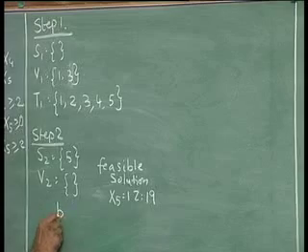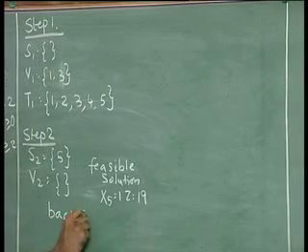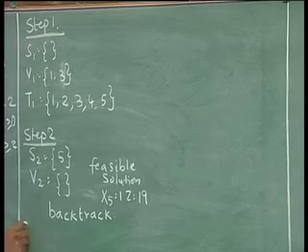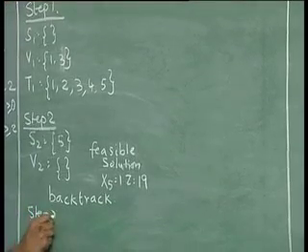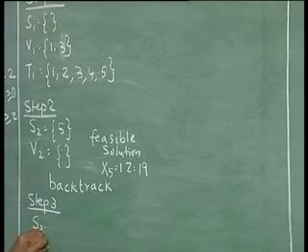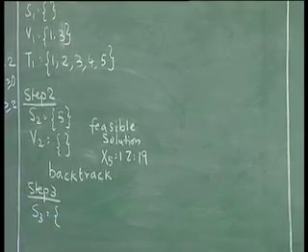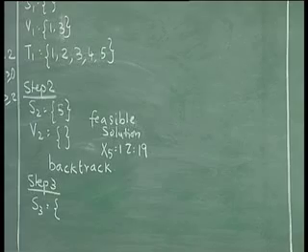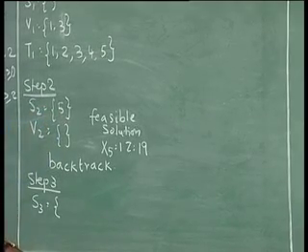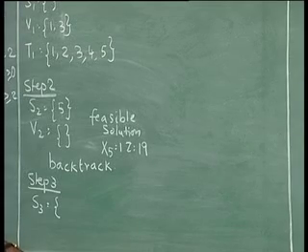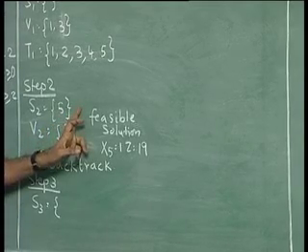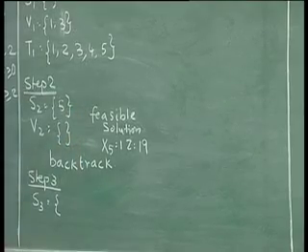When you backtrack you create step 3, go back to the S, create an S3, and always come from the right side and look at the first variable from the right side which does not have a bar.